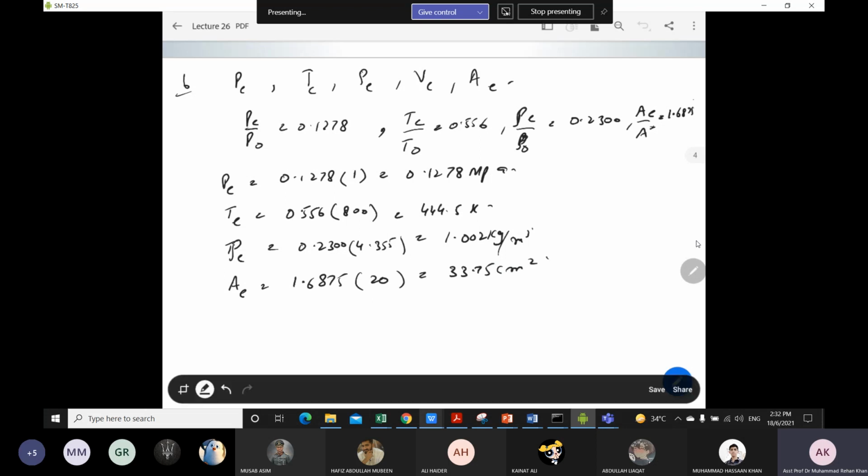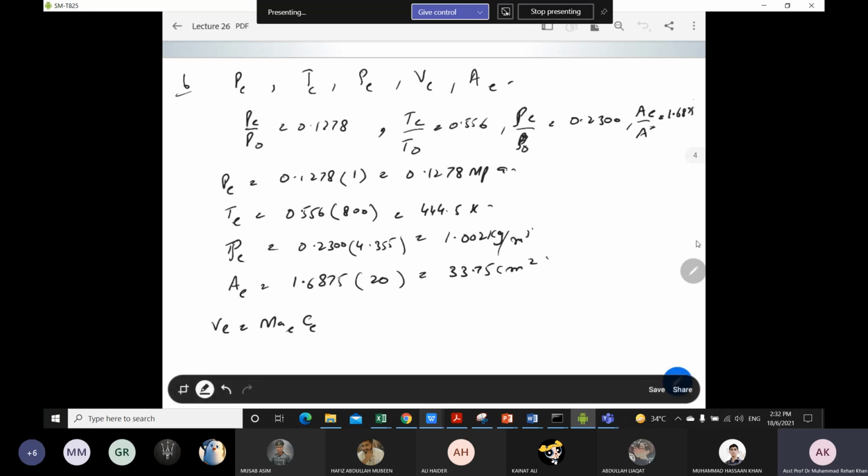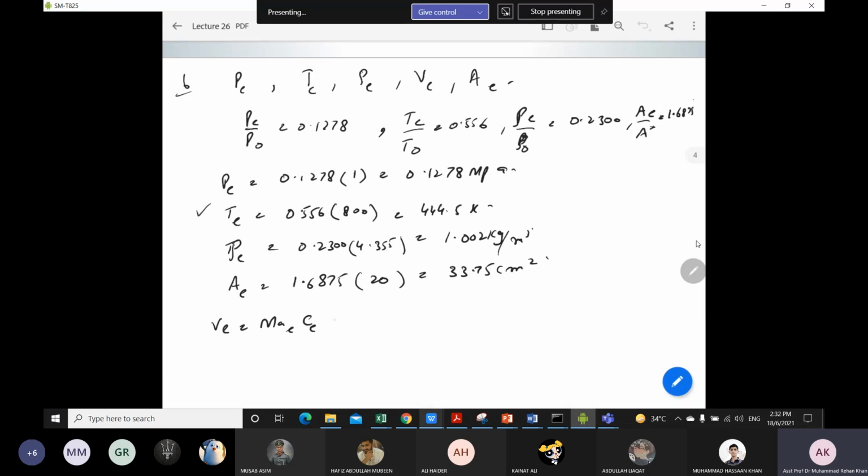Now the last thing which is required is V exit. V exit is basically equal to Mach exit times C, the speed of sound at exit. Mach exit is known to us. The C exit we can easily find out because the temperature at exit is known to us.